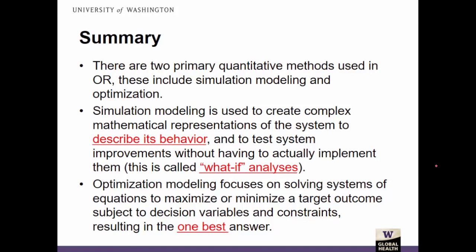And then you might want to test what-if analyses to look at what might happen to the system if we actually implement some hypothetical situation. Optimization modeling, however, focuses on actually solving these systems of equations to maximize or minimize a target outcome, subject to these decision variables and constraints, and results in your one best answer.